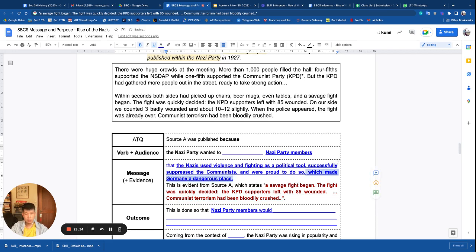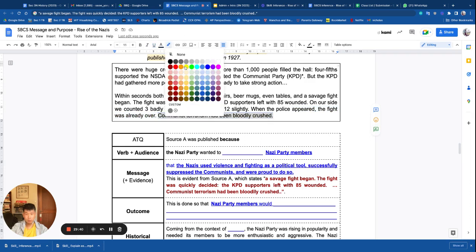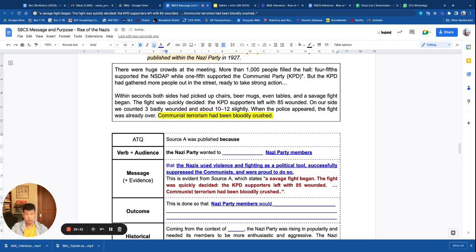I'm going to remove the part about Germany being a dangerous place, because the Nazi Party members don't need to know about the negative part of their behavior. They want the good things. So the source here is about crushing the communists, that they won. Nazis were successful at suppressing the communists.